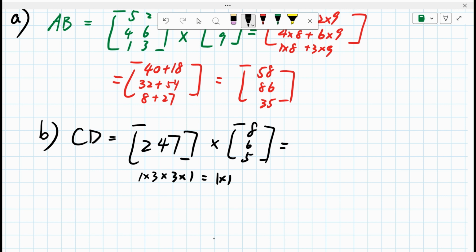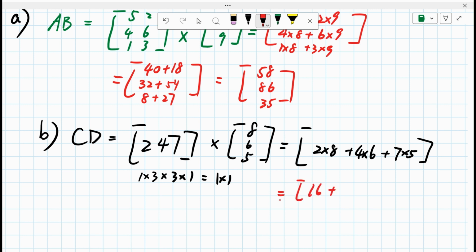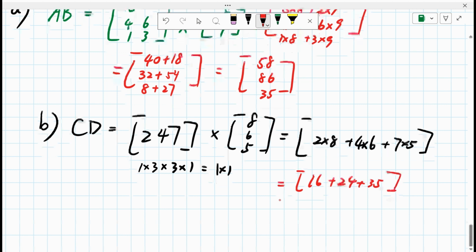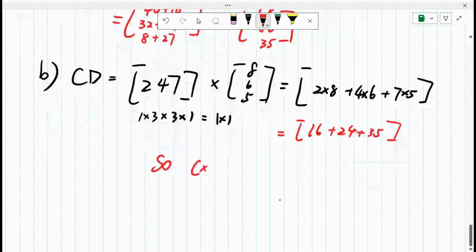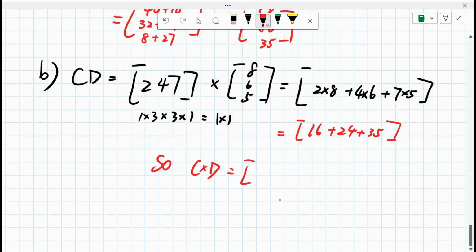So we do 2 times 8 plus 4 times 6 plus 7 times 5. That equals 16 plus 24 plus 35. So C times D equals 75, a 1 by 1 matrix.